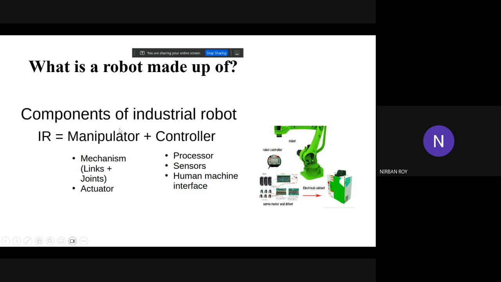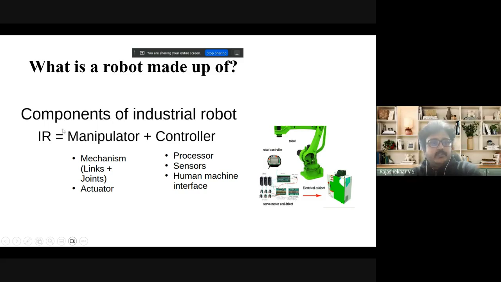So what is a robot made up of? The components of an industrial robot consist of an industrial robotic arm, which consists of a manipulator and a controller. The manipulator consists of a mechanism and actuator, and the controller consists of processor, sensors, and human-machine interface.